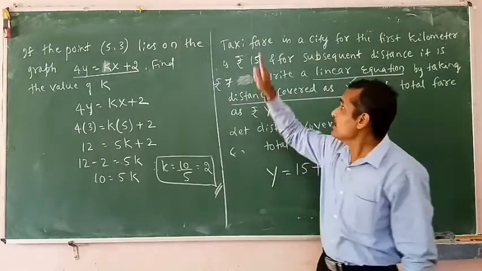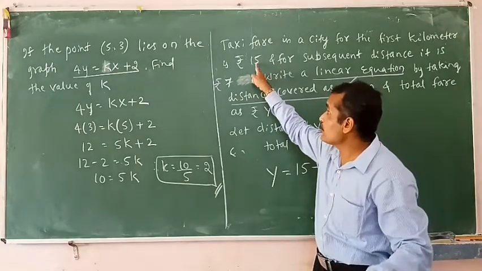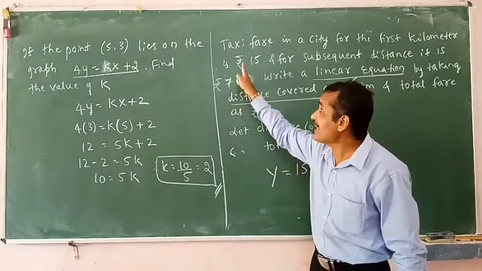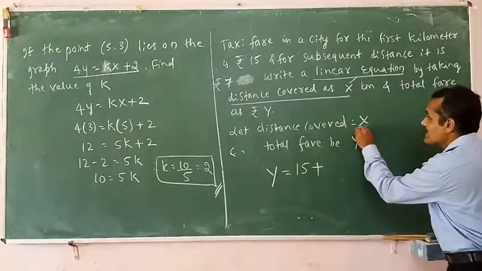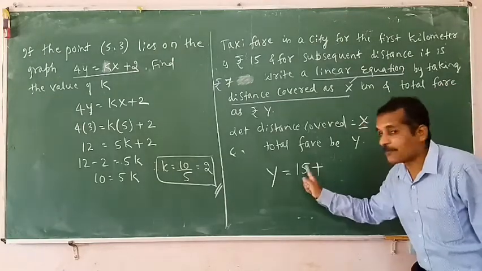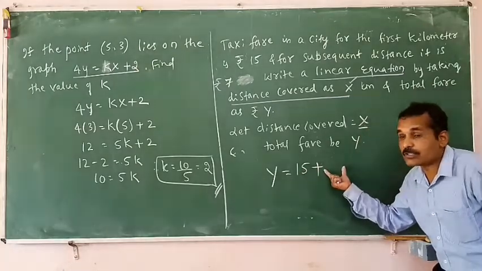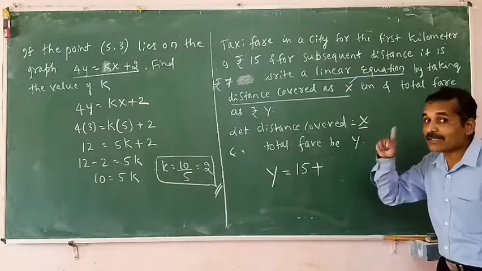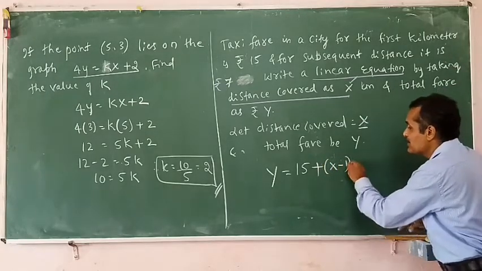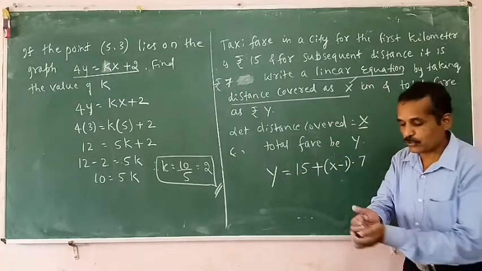Now he has gone for x kilometers. In that, the first kilometer is 15 rupees, and one less than x, that is x minus 1, at the rate of 7 rupees. Hope that you understood.